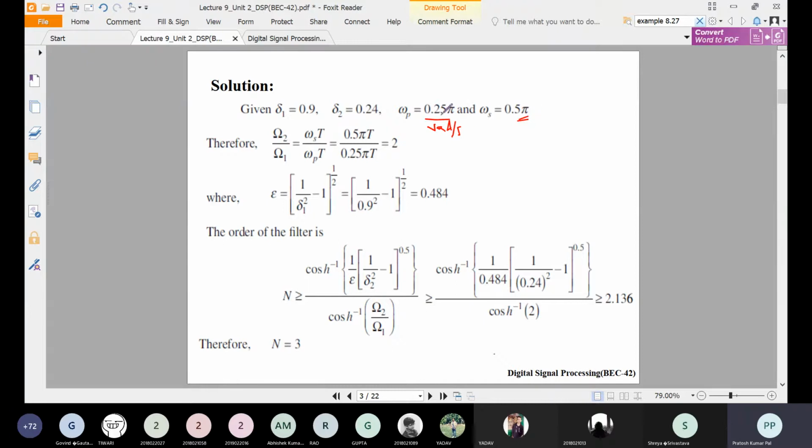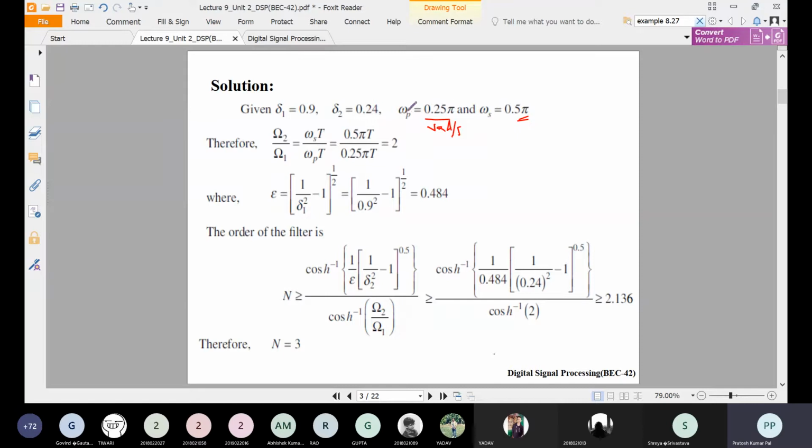Okay, so once we know omega p and omega s, we will be requiring the ratio of these two. To find the n value, we will be requiring the analog frequency ratio, omega 2 and omega 1, that is stop band frequency divided by pass band frequency.